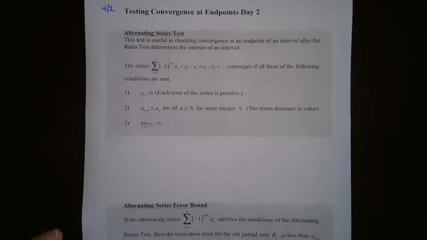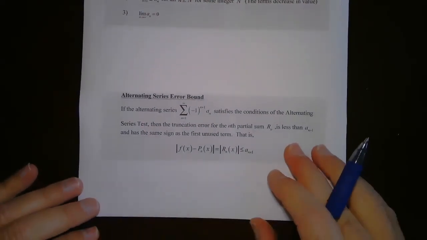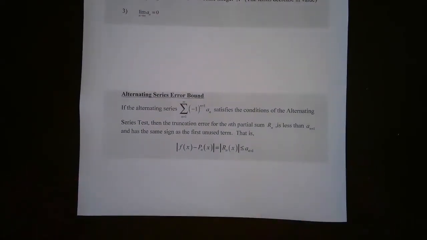The next thing I want to talk about is the alternating series error bound. We've done this before. If you've already used the alternating series test and you've shown that it's converging by that test, then you also know that there's an error.